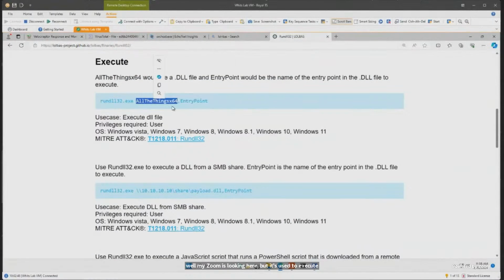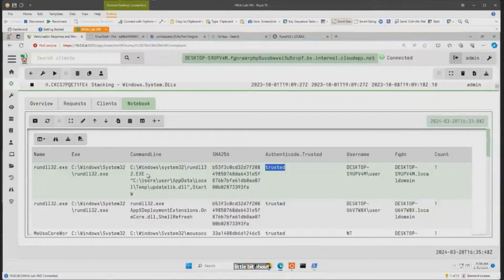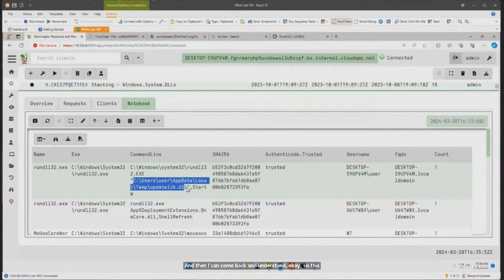Generally in the command line arguments for rundll32, I'm going to see the path to a DLL, or just the name of a well-known DLL, and then I'll see an entry point or a function name next to it. I can very quickly learn a little bit about this, even if I don't know much to begin with, and then I can come back and understand, okay, so this rundll32 is executing this DLL, and this right here would be the function name, or the entry point, that it's calling.